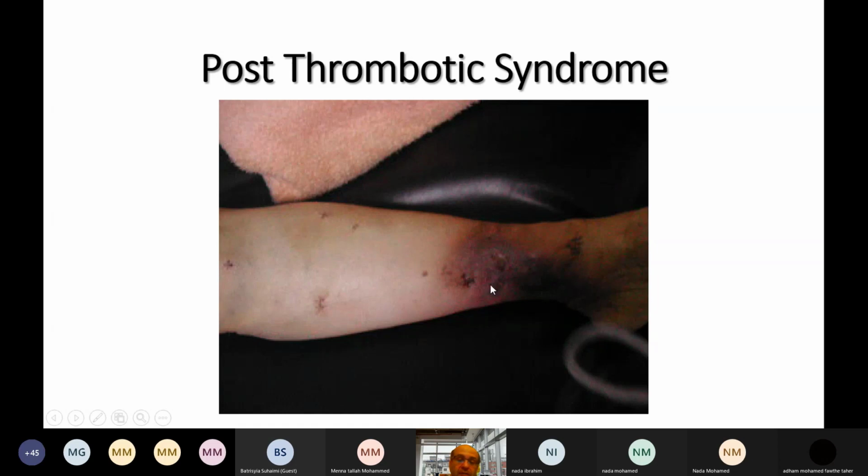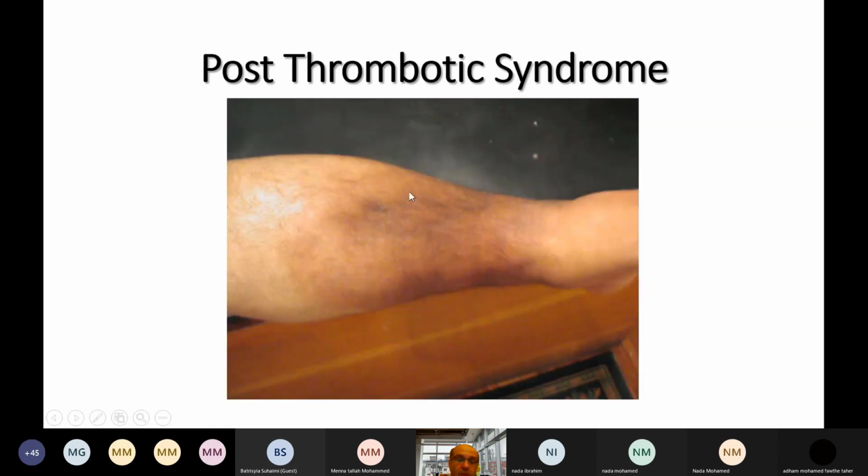Another form is post-thrombotic syndrome. This results from primary or secondary varicose veins, but in most cases it is due to secondary varicose veins. As you see, the patient's leg is called an inverted champagne bottle. It is like a bottle with the neck inverted downward to the foot. Why do we have an inverted champagne bottle?